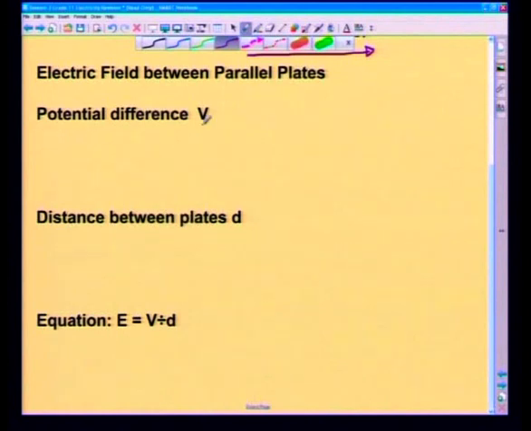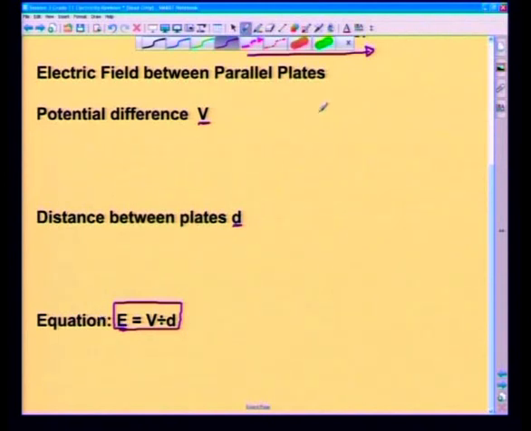Now, let's quickly come to finding electric field strength when we're looking at parallel plates. When we look at parallel plates, we check the potential difference across the plates. We also check the distance between the plates. And we use this formula here to calculate the electric field strength between parallel plates.